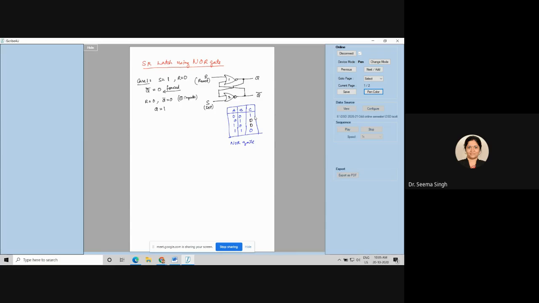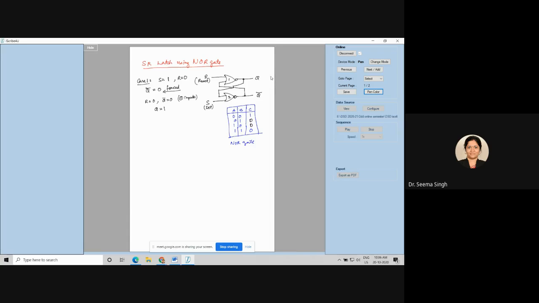So in set, what did you see for NOR gate 2? It did not bother about what is there as the second input. That means whatever is the previous state, Q is our previous state, no? So without bothering about our previous state Q, this second NOR gate forced Q bar to be equal to 0, which in turn along with R equal to 0 made Q equal to 1.